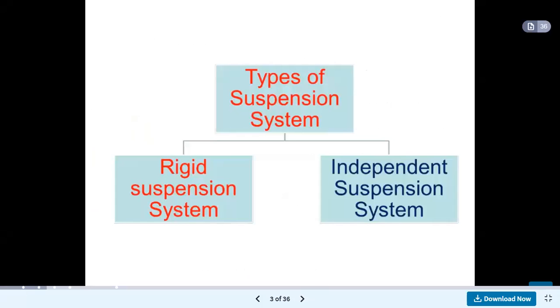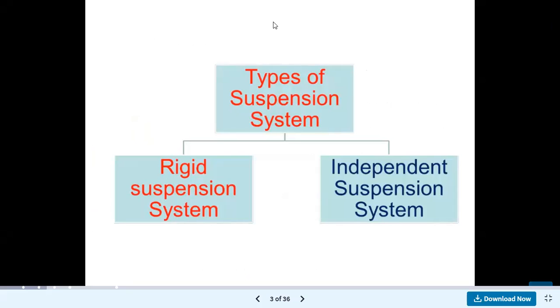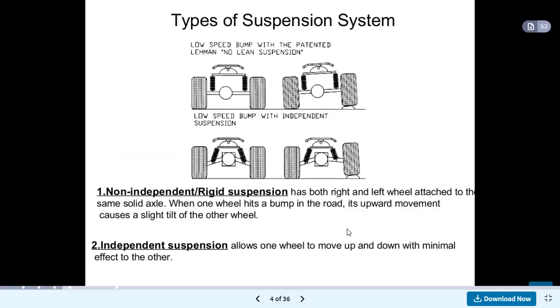If we see the types of suspension system, basically two different types are available. It is rigid suspension system and independent suspension system. Non-independent or rigid suspension has both the right and left wheel attached to the same solid axle.